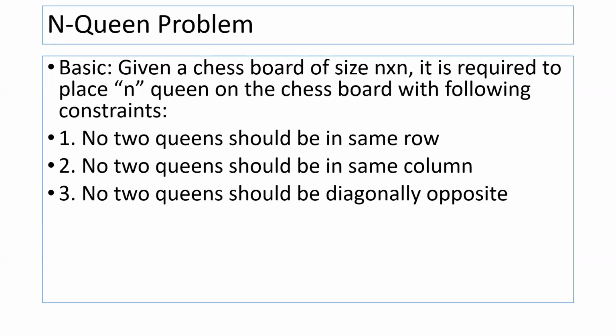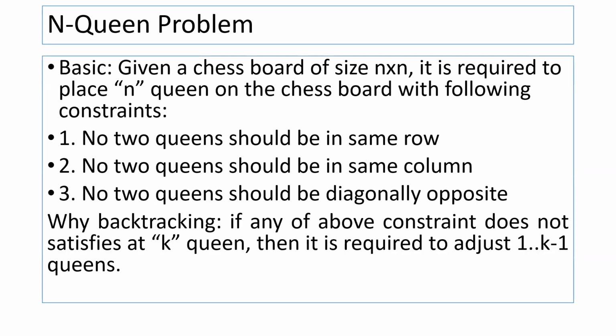The first constraint is that when you are placing a queen in a row, there will be only one queen in that row. Similarly, there will be only one queen in the column. So no two queens should be in the same row, no two queens should be in the same column, and no two queens should be diagonally opposite.